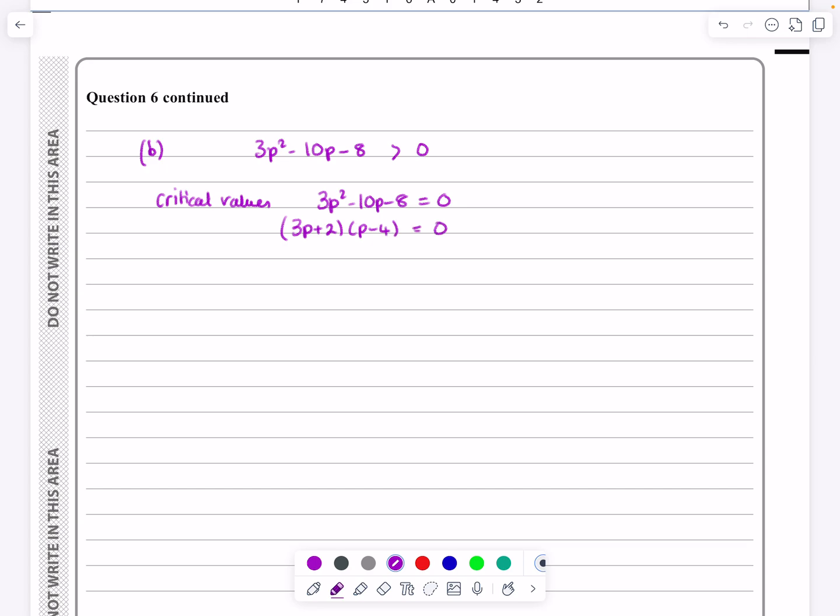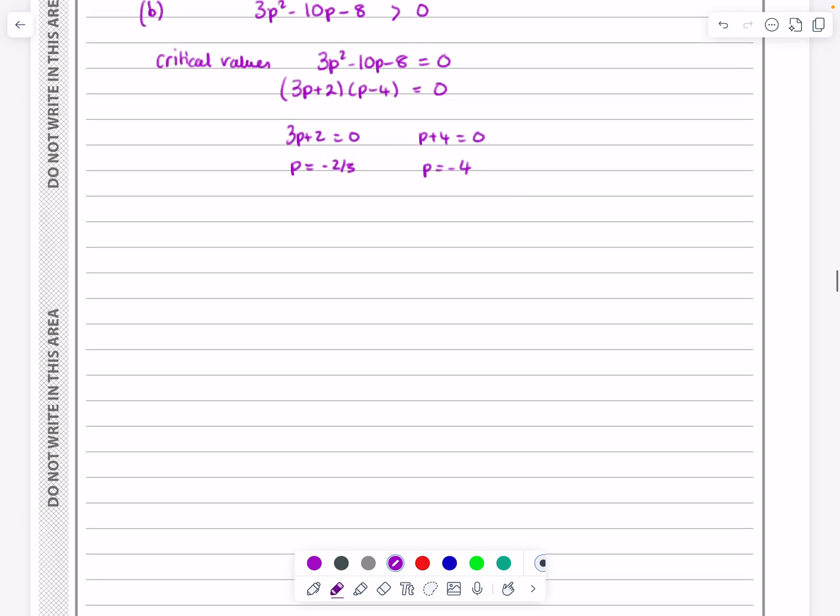So (3p plus 2)(p minus 4), which gives me 3p plus 2 equals 0, which is p equals minus 2/3, or p minus 4 equals 0, which gives me p equals 4.